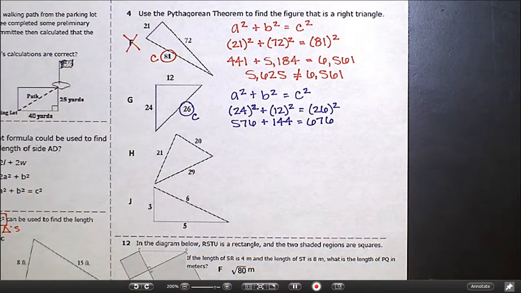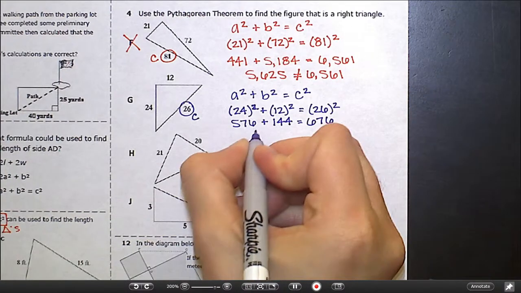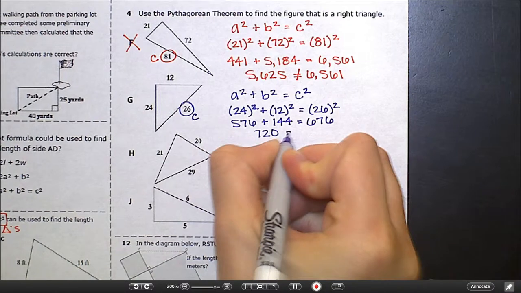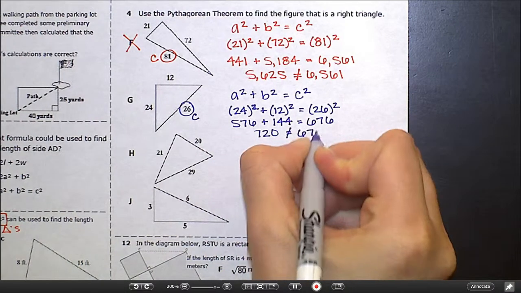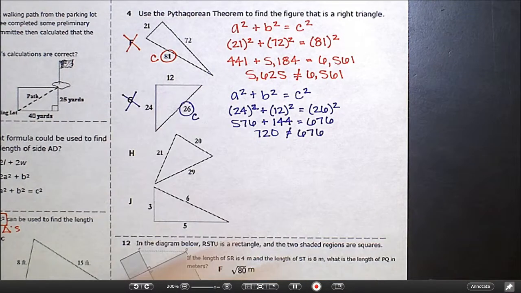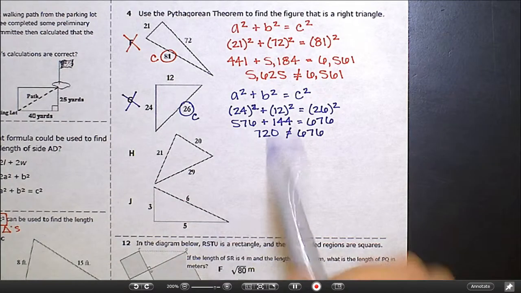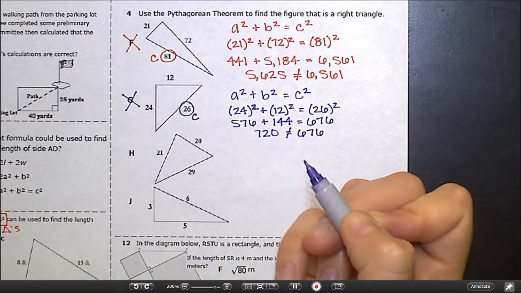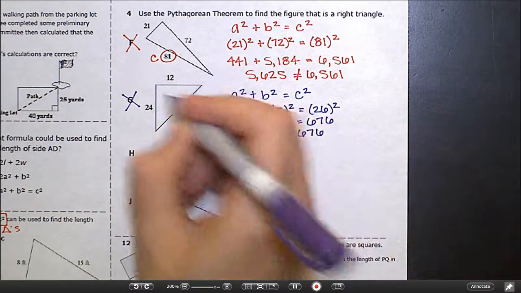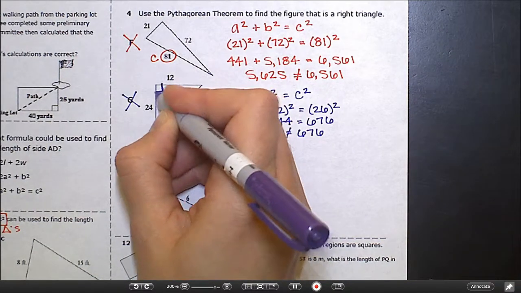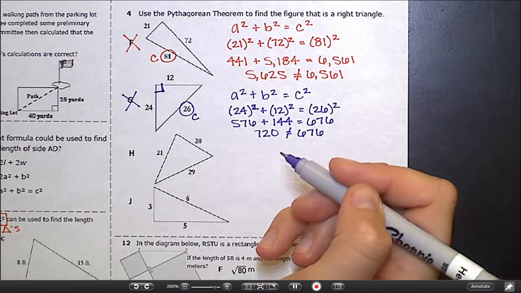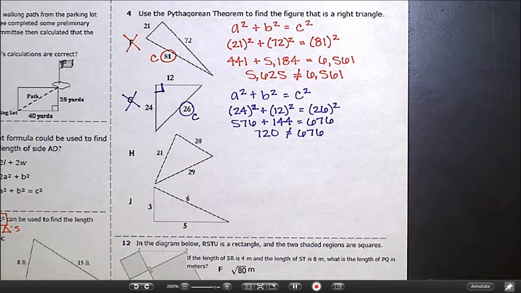So we're going to test it now. 576 plus 144 is 720, which is not equal to 676. So it's not G. Now be careful here, because this looks like a right triangle, doesn't it? It looks like this would be a right angle here, but of course it's not. We have to go based on the numbers. So those numbers cannot give us a right triangle.